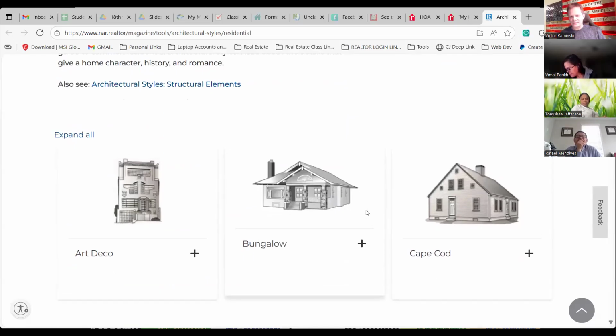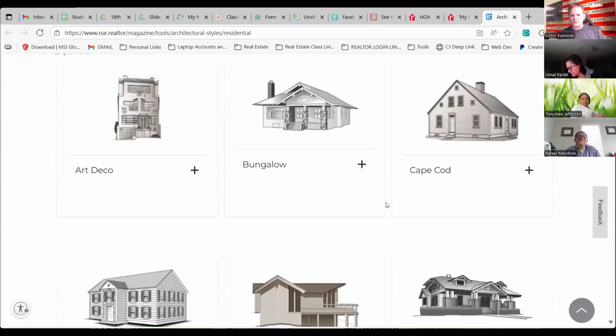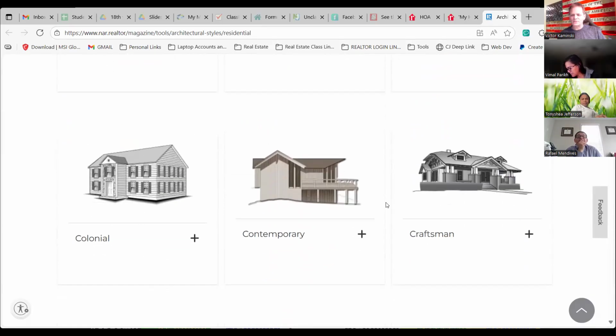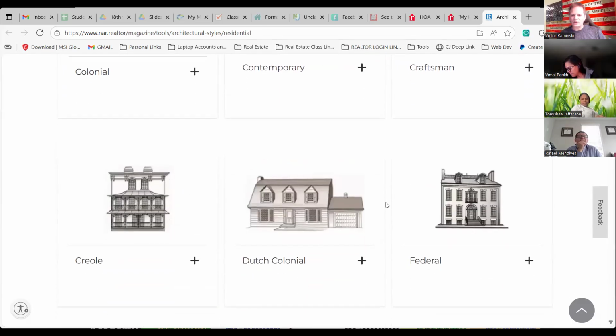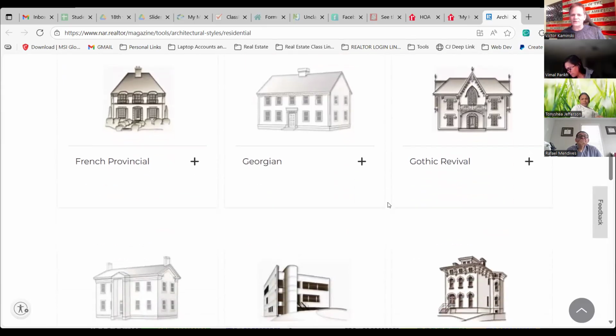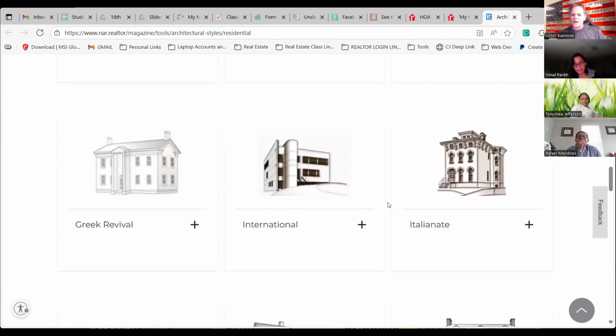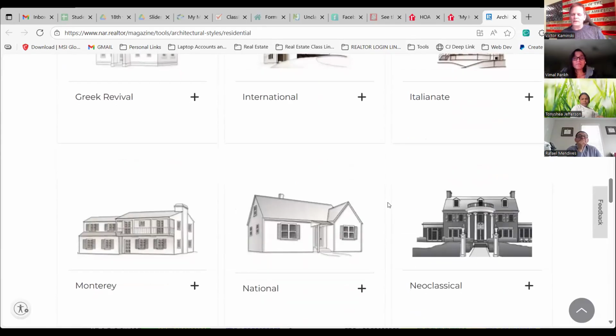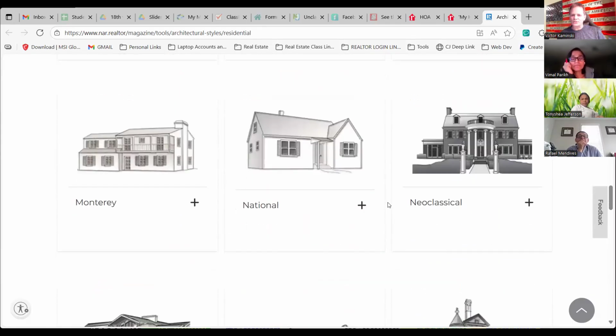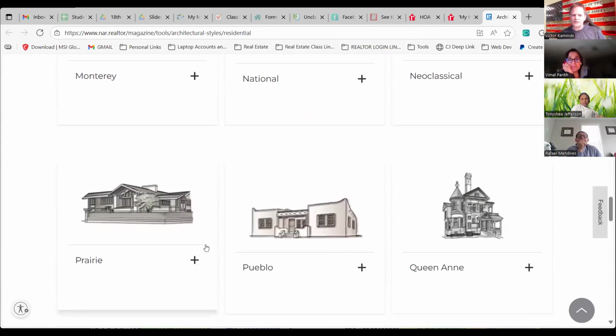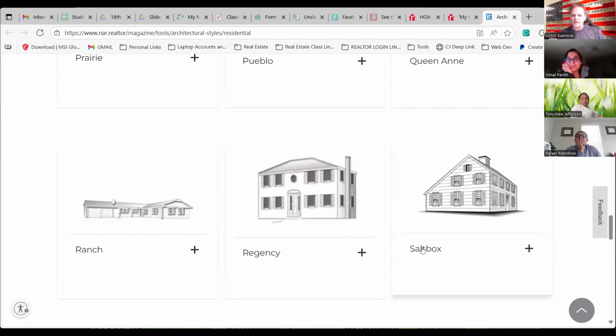It's very basic, showing you the different types of architectural styles. And I'm trying to put together a more detailed one right now. I've been promising it for years and haven't gotten around to it, but I'm finally doing it now, a better guide that shows you all these different types of architectural styles.